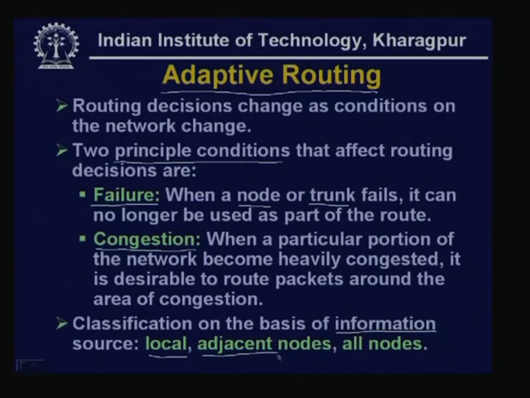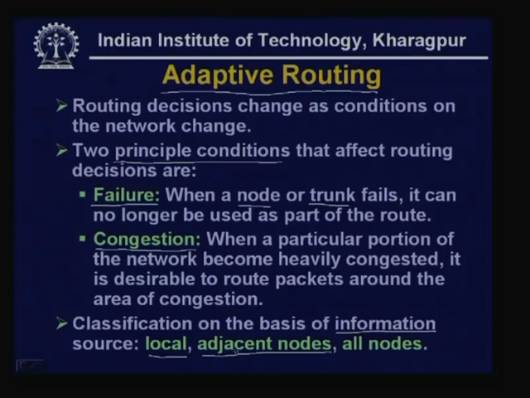Another possibility is that we can use adjacent nodes. That means each node can gather information from its neighbors to which it is directly connected. That can be used for routing. In such a case, we call it information gathering from adjacent nodes. Another alternative is that information can be gathered from all nodes. In a packet switched network, there may be many nodes, and each node will gather information from all other nodes.